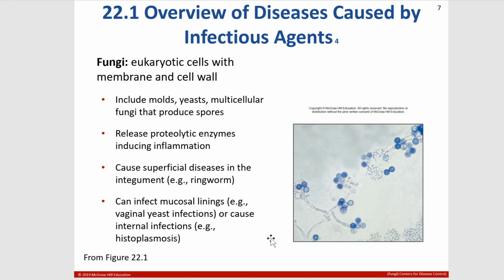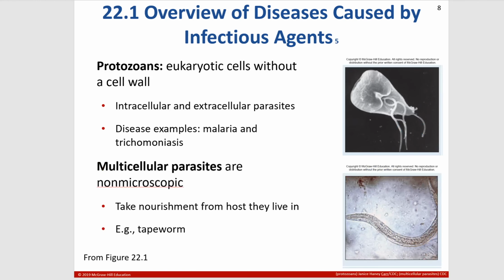These include the molds and yeasts. They release proteolytic enzymes, induce inflammation, cause superficial diseases in the integument, and may infect mucosal linings. A lot of times, fungal infections are only in immunocompromised people, but not always, of course. Athlete's foot is one, but it stays in the skin. And there can be deadly fungal diseases as well.